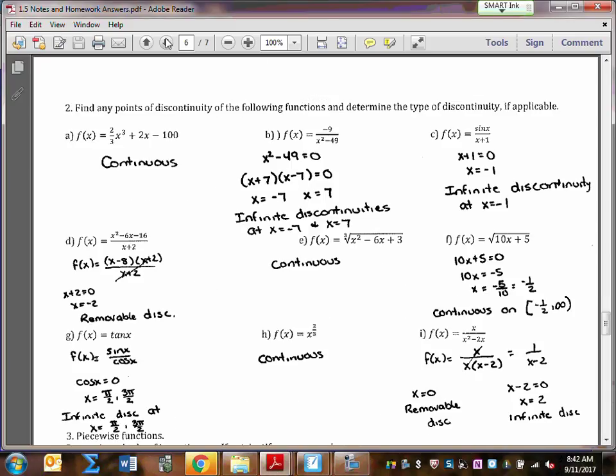Any questions on that back side? We're going to find those discontinuities. Yes.